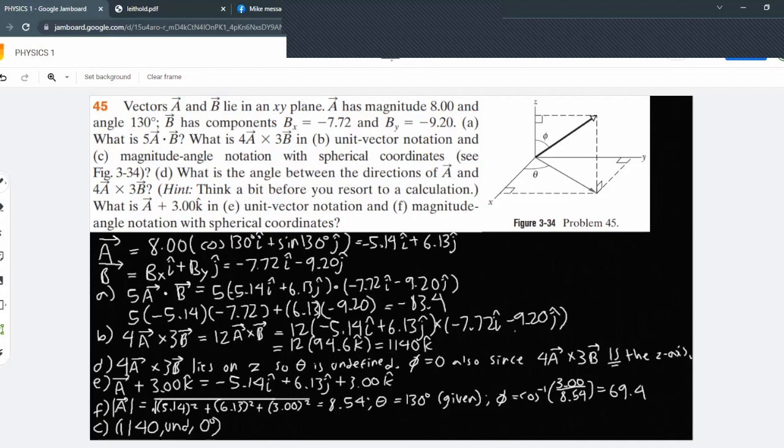So, they are perpendicular. So if two non-zero vectors have a dot product equal to 0, the two vectors are perpendicular. And if two vectors are perpendicular, what is the angle between them? 90 degrees.